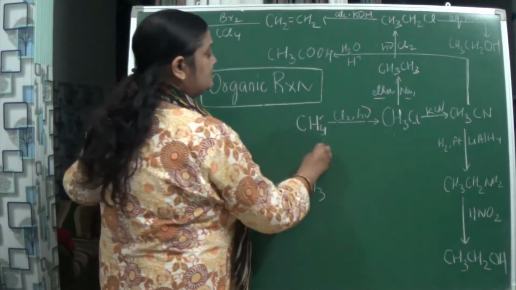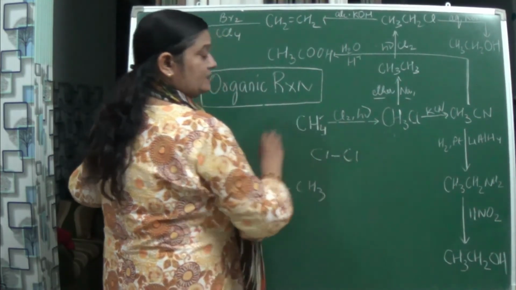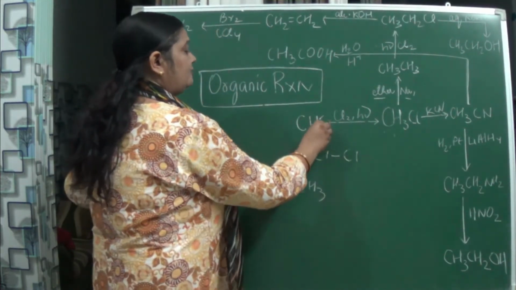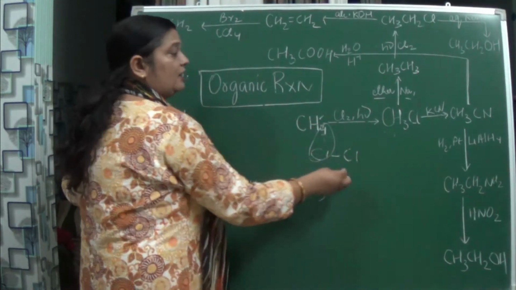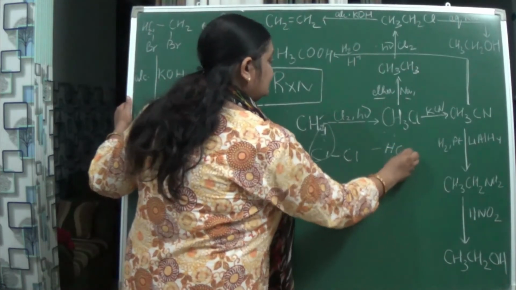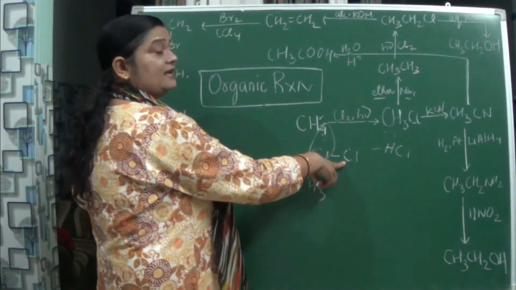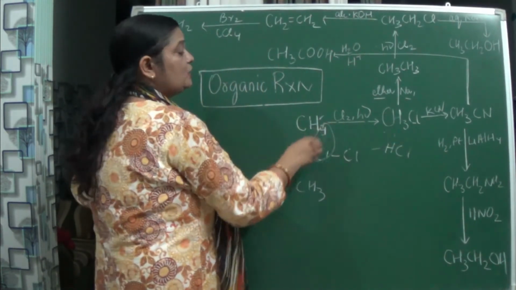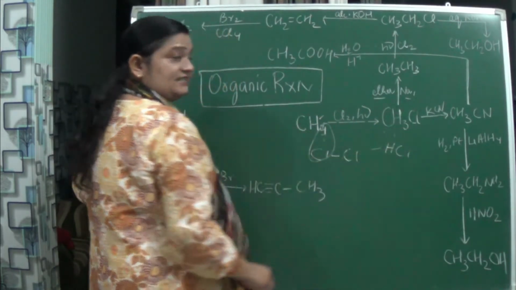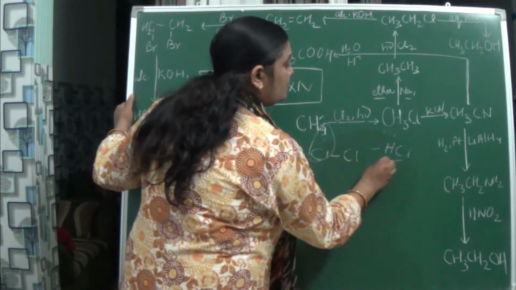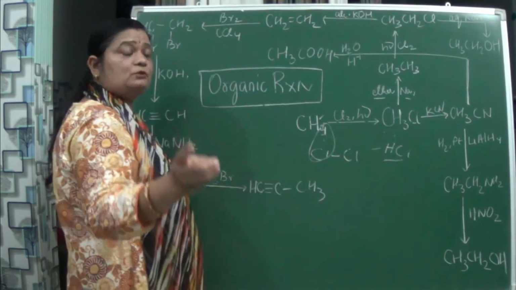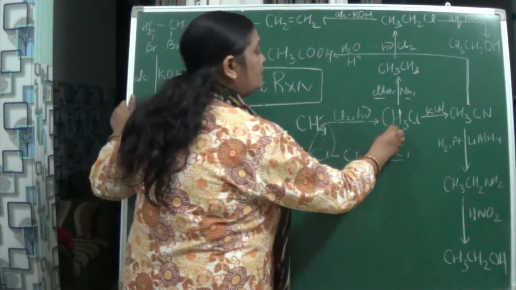This Cl2 will combine with one H, and this is the byproduct. If it combines, it will form HCl. And what is left over here? Cl. Here how many H? 3. So it will become CH3Cl.